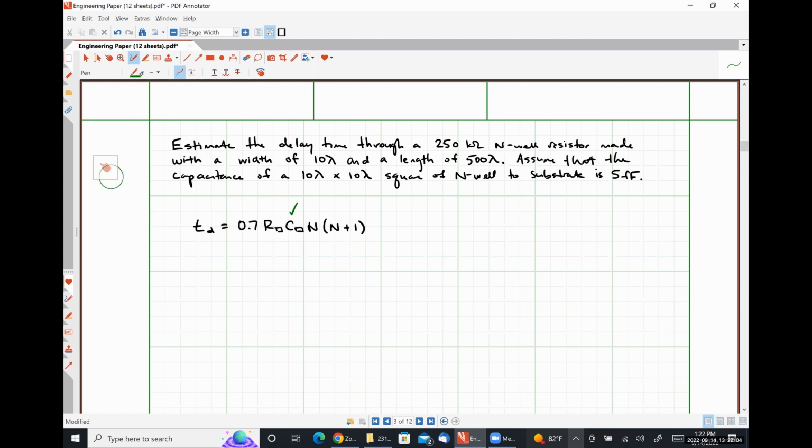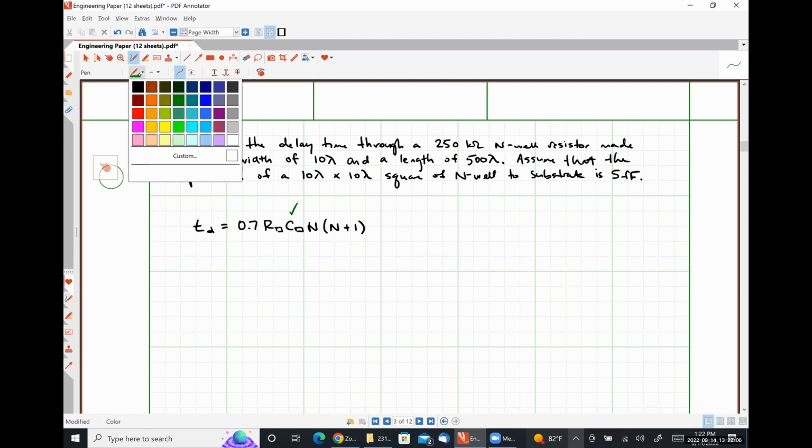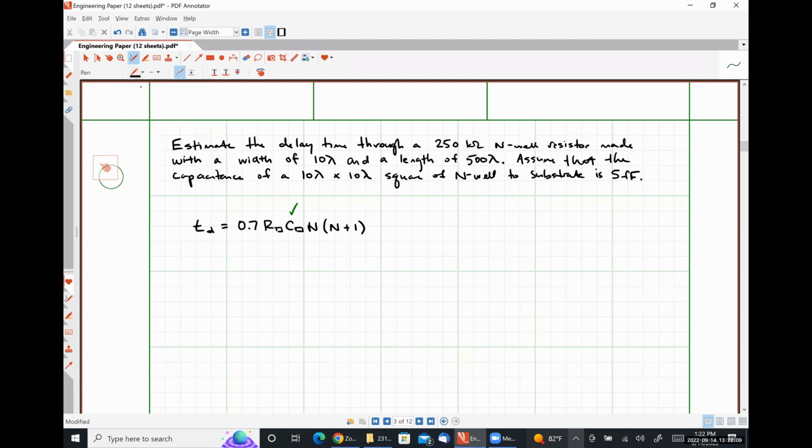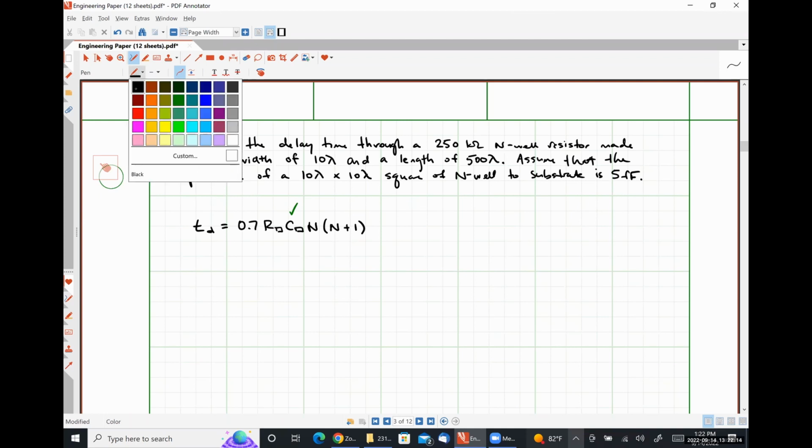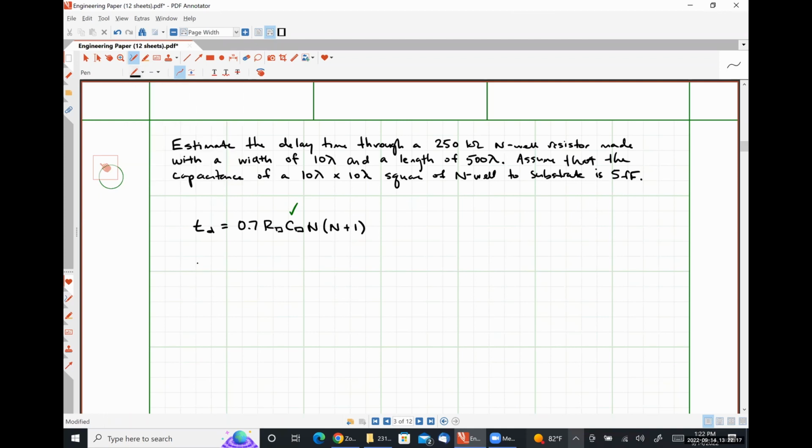So hopefully in a pretty straightforward fashion, there we have a width, it's 10 lambda, a length 500 lambda. So using this, N, the number of squares, is just going to be 500 lambda over 10 lambda gives us 50 squares, right?